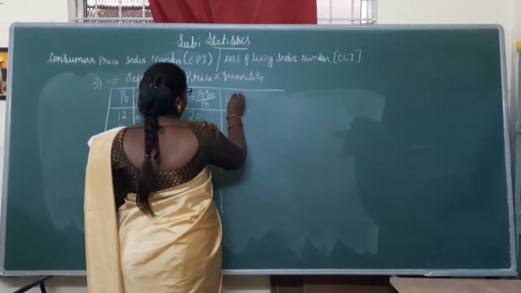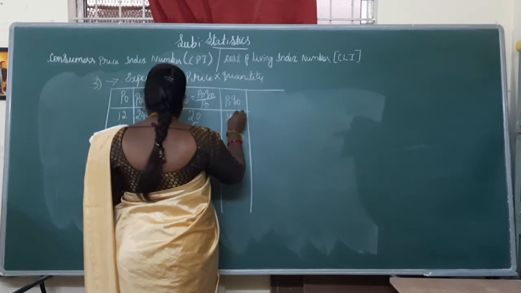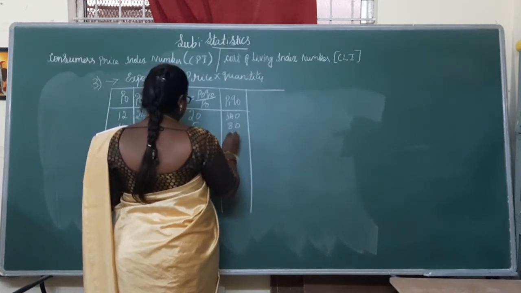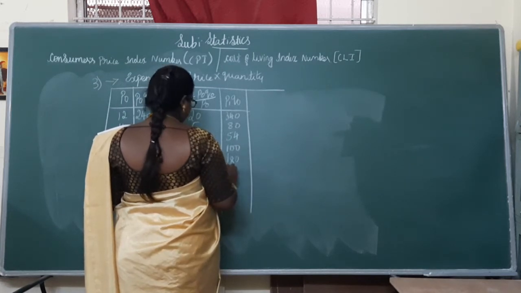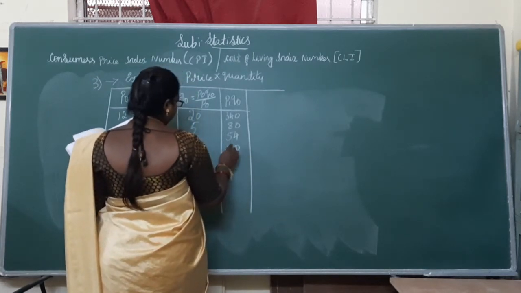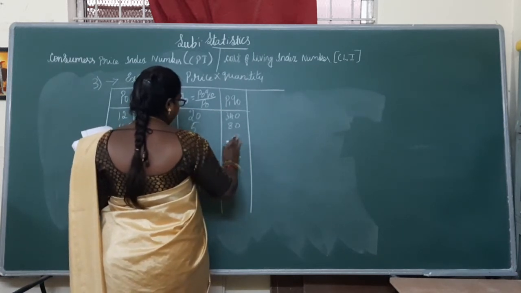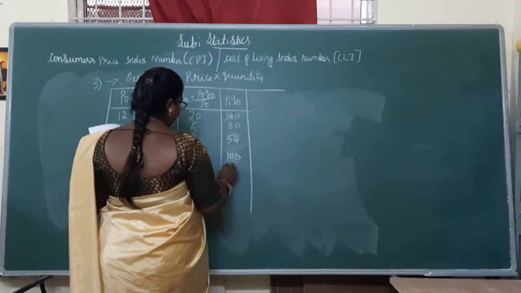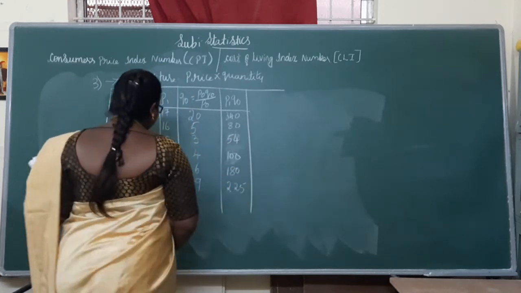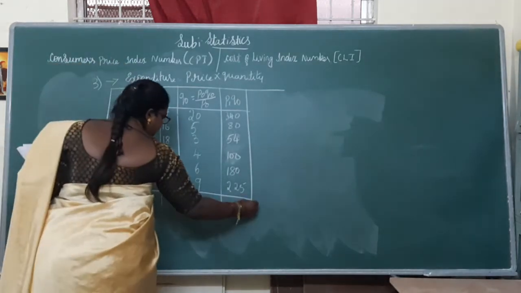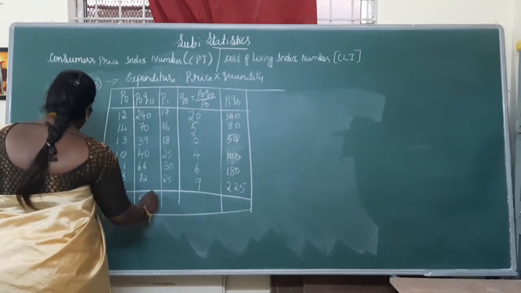So P1 Q0 is 340, 80, 54, 100, 180, 225. Now I need to take sigma of P0 Q0 and P1 Q0.